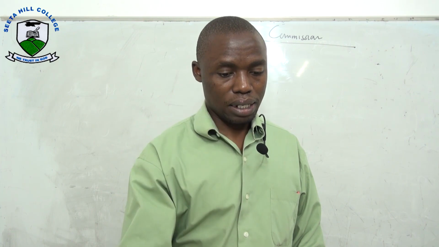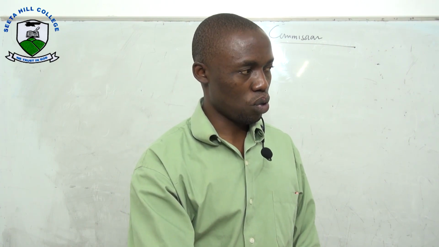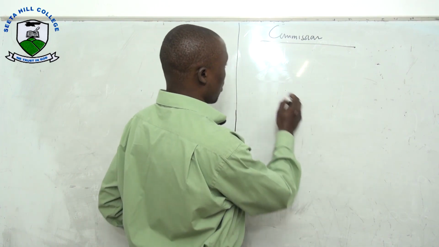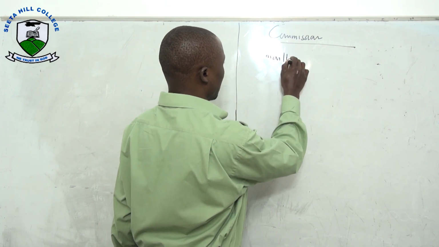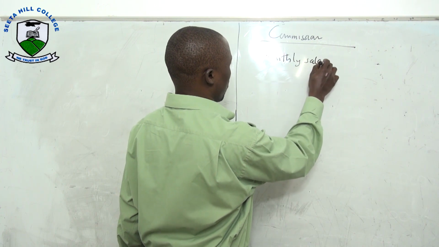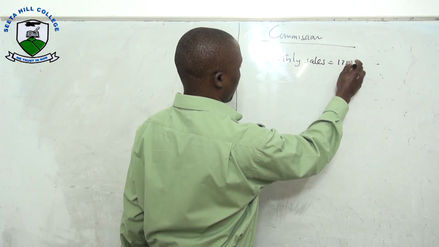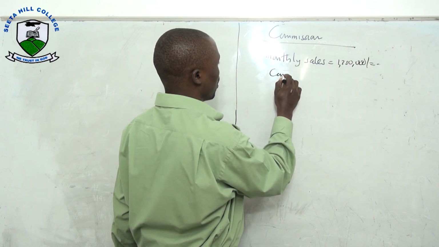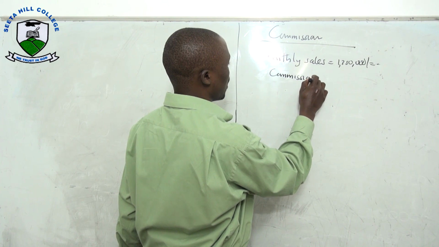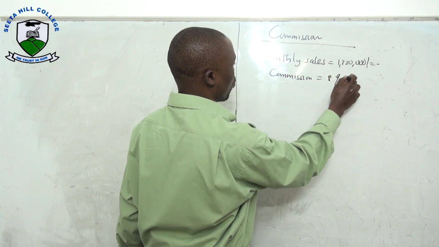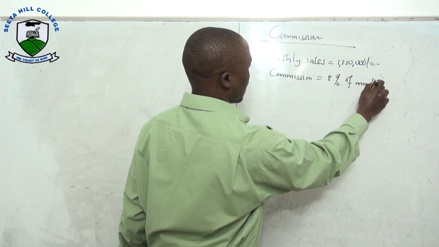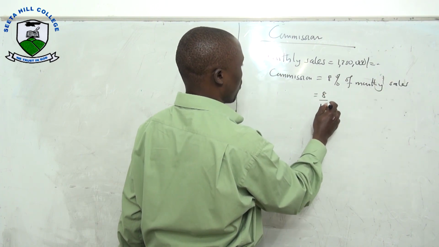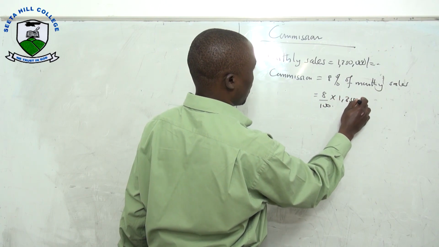Now when they say the monthly sales, how much does she sell? 1,350,000. Which commission should she receive here? She receives 8% of the monthly sales. That means she receives 8 out of 100 times 1,350,000.